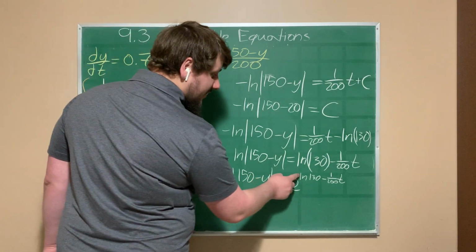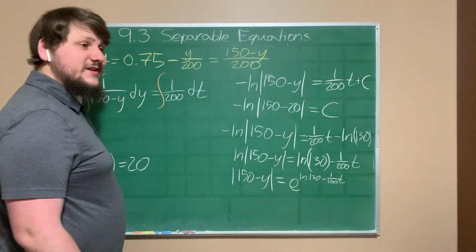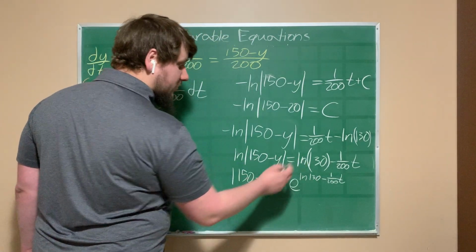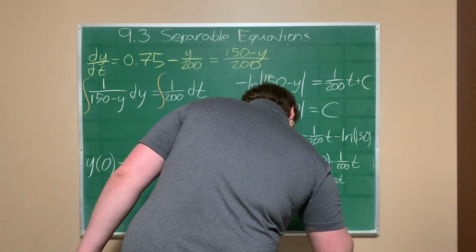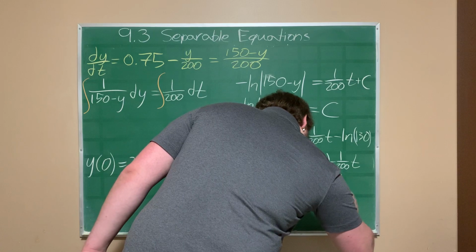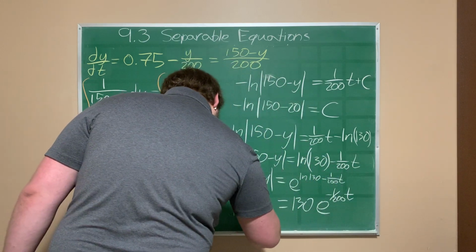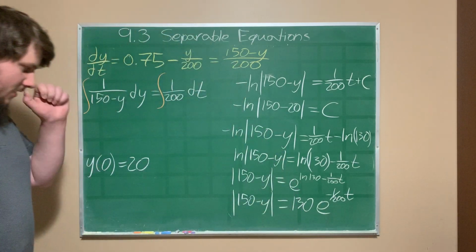We're going to have e to the natural log of 130 times e to the negative 1 over 200 t. The e and the natural log will cancel, and the right-hand side is just going to be 130 times e to the negative 1 over 200 t. And the left side is still 150 minus y in absolute values.